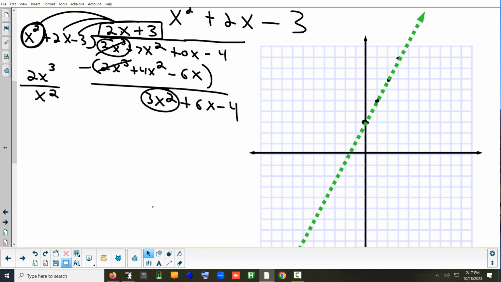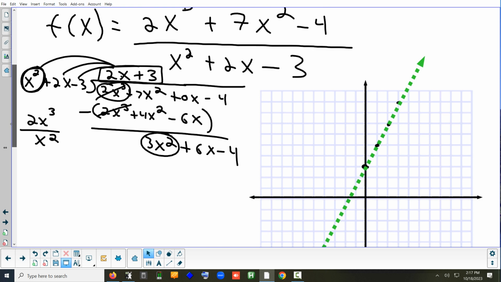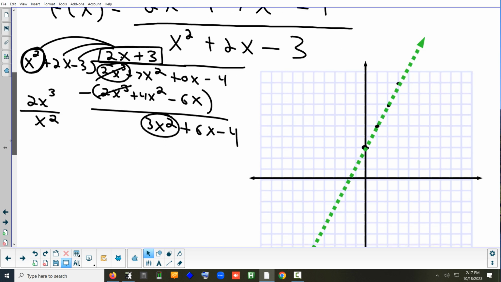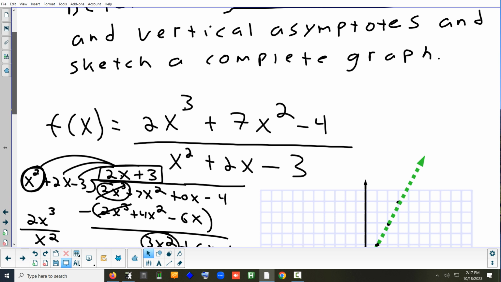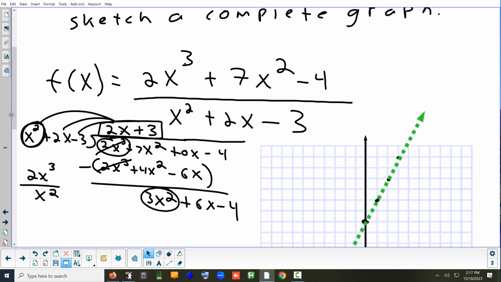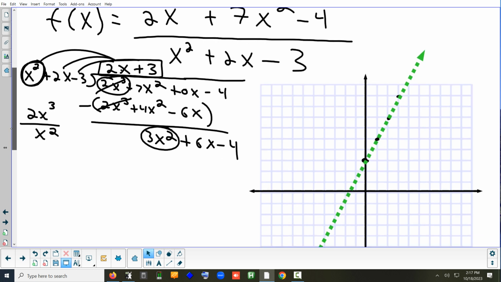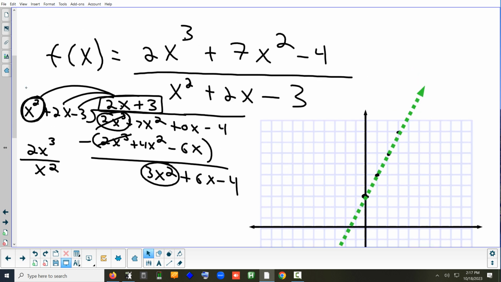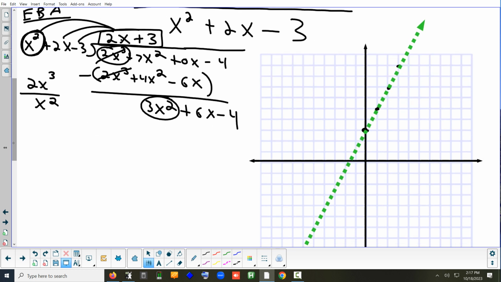Okay, so no horizontal. What other kind of asymptote should we check for? Vertical. Yeah, we always have to check for the verticals, and that's where the denominator would be 0. So this is the EBA, and now we'll do the vertical asymptotes.